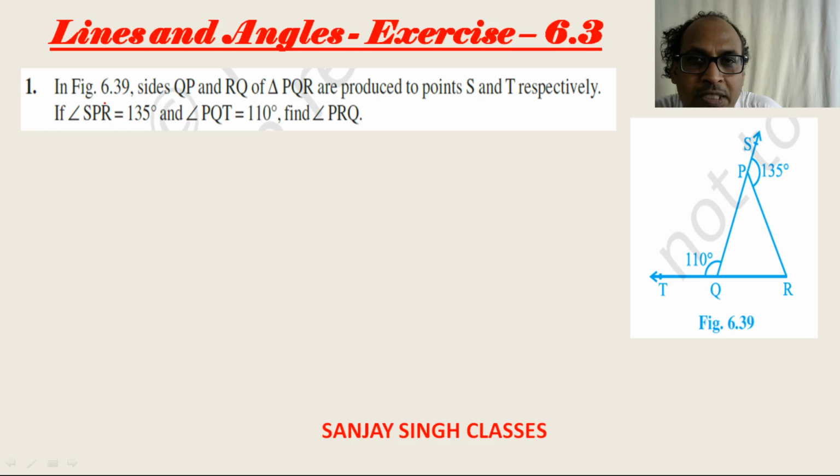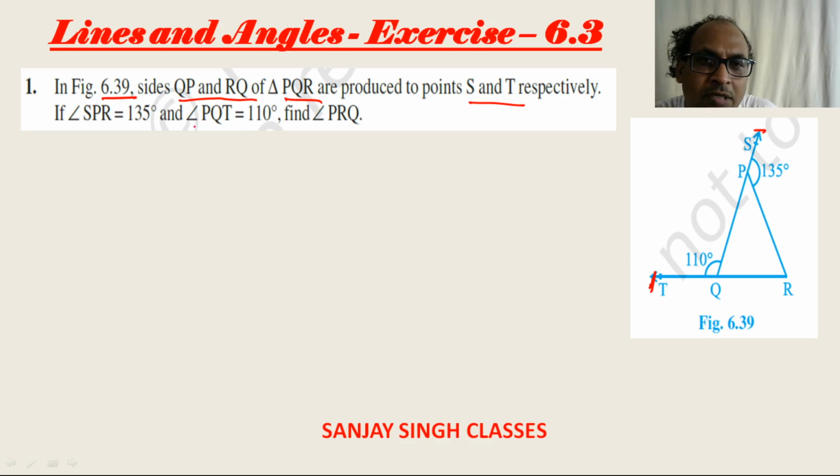The very first question is in figure 6.39. So the figure is already there. Sides QP and RQ of triangle PQR are produced to points S and T. So it is given that PQ is produced to a point S, RQ is produced to a point T, so that we can get an exterior angle here, angle PQT.